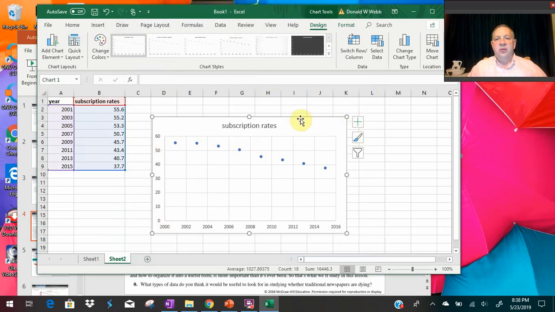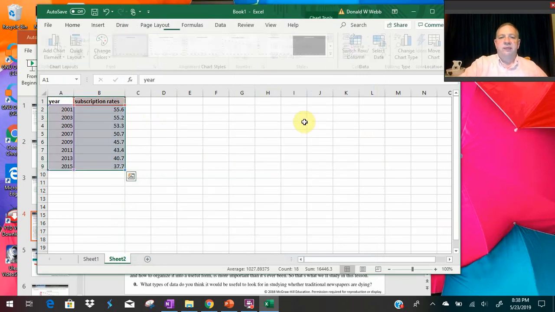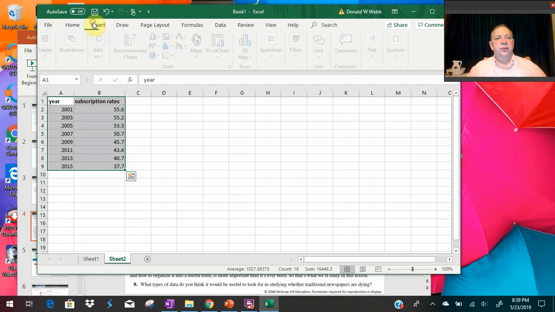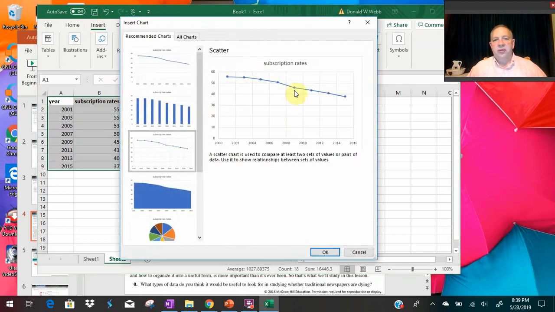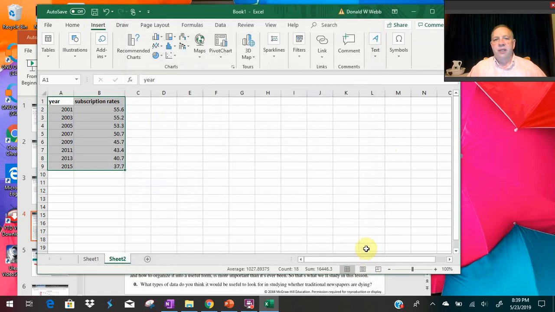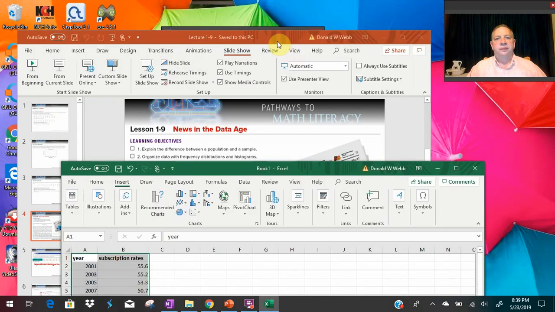And then we can do things though. If I get rid of that, go back through recommended charts, and then do, maybe with the trend line here to show you this line just captures a little bit that these are going down, these subscription rates, and we'll talk about that in just a few more minutes. Okay, thought that would be helpful.